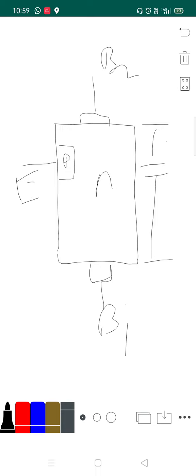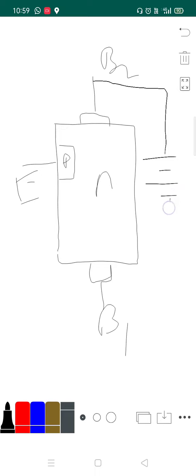Understood. So let us connect the external voltage source to the UJT.